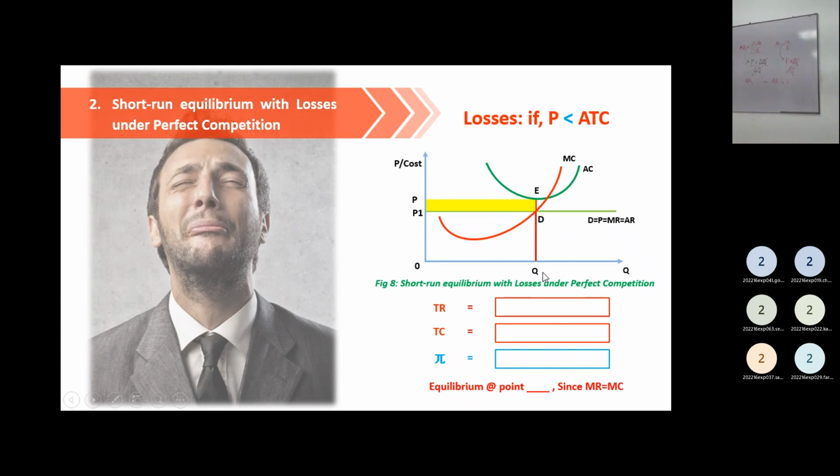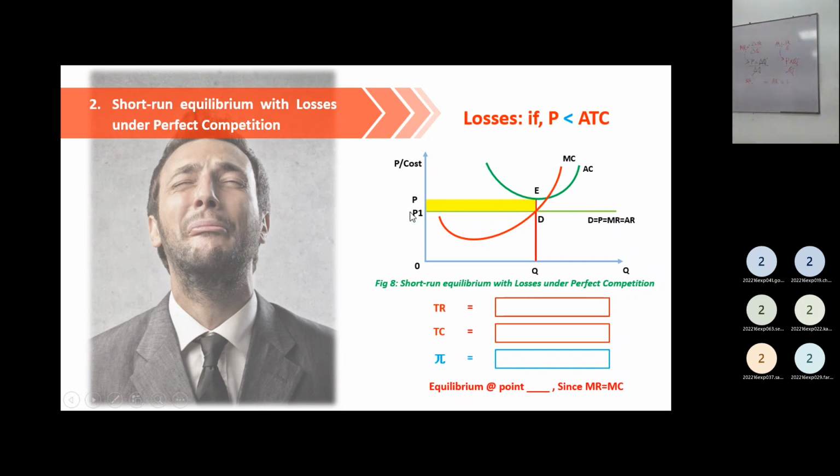Then we have to go along this curve. When we are going along this curve, we are going to meet which curve first? Our average revenue curve. Here you could say this is the average revenue P1.